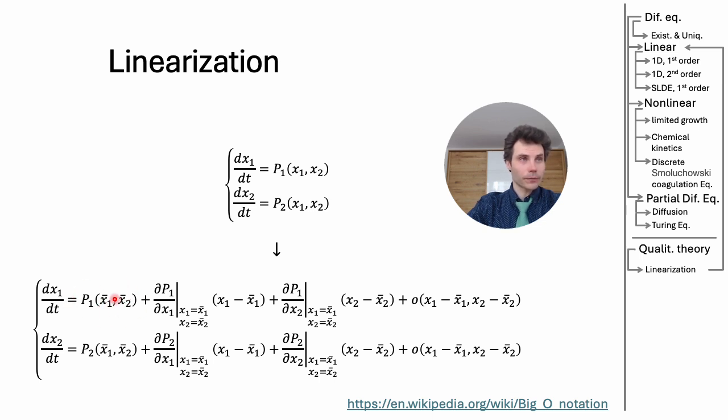It's not a function anymore. It's just the value of the function p1 in the particular point x1 bar, x2 bar. Also, it has the derivative of the function p1 evaluated in the same point, x1 bar, x2 bar, times the increment of x1 with respect to the stationary point.